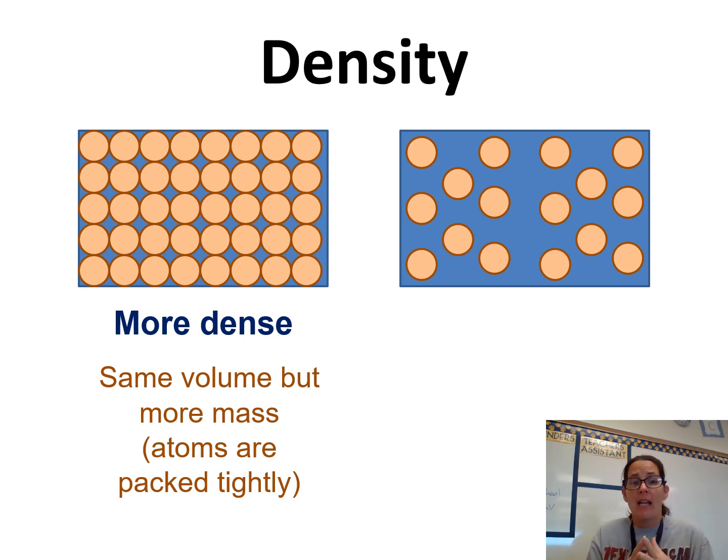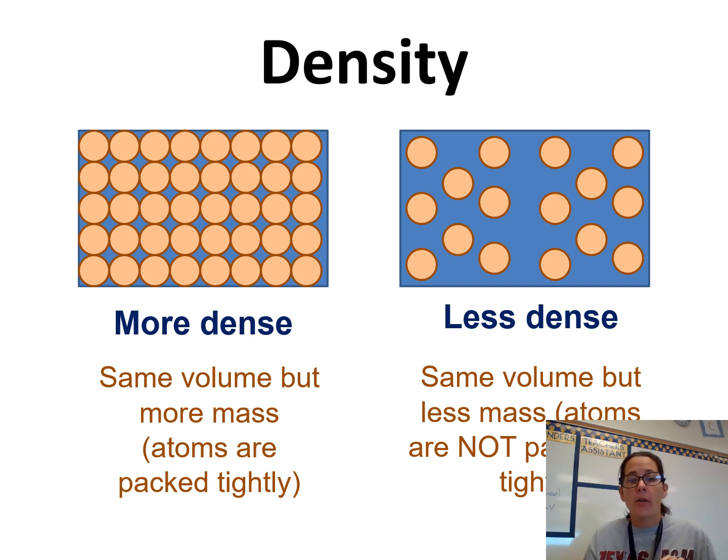So more dense has the same volume, but more mass, and the atoms are packed really tight together. The one on the right is less dense because there's way less atoms in there and they're spread further apart. So same volume, less dense. Atoms are not packed tightly together.